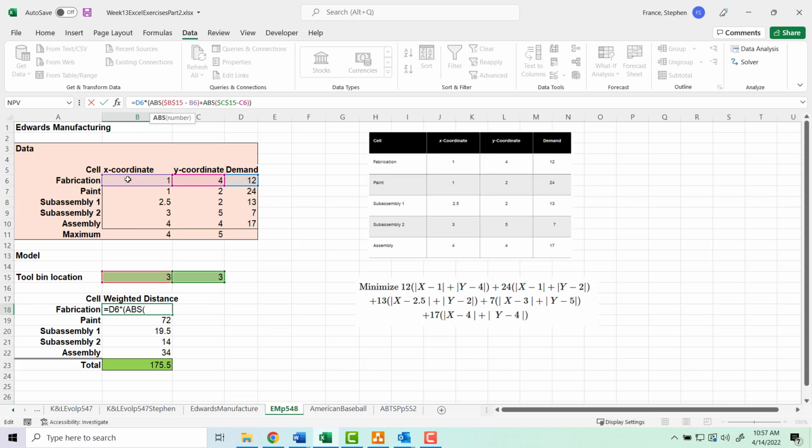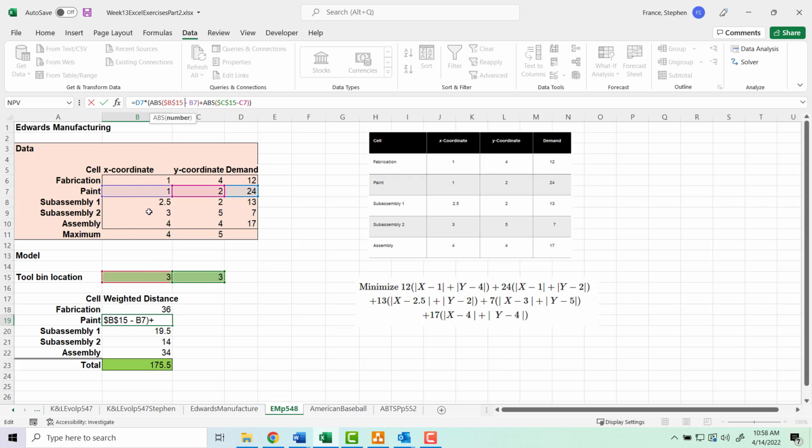So what we're doing here is we have the tool bin location, and we have this formula. The absolute difference from here is the fabrication plant, which is at 1, 4. So it's the difference in the x coordinates with the tool location B15 plus the difference in the y coordinates, multiplied by the weighting of the demand. And we use the dollar sign here because we're dropping down. The next one is for the paint.